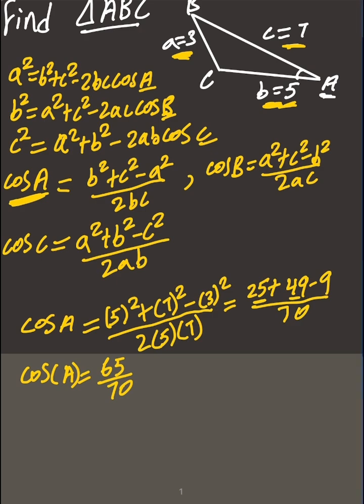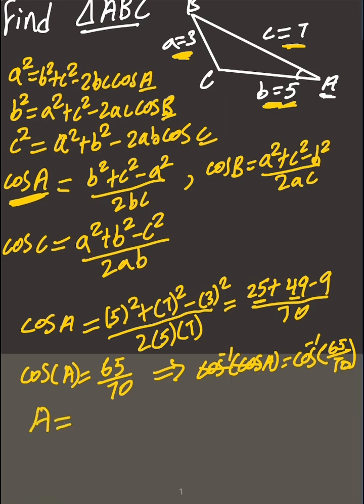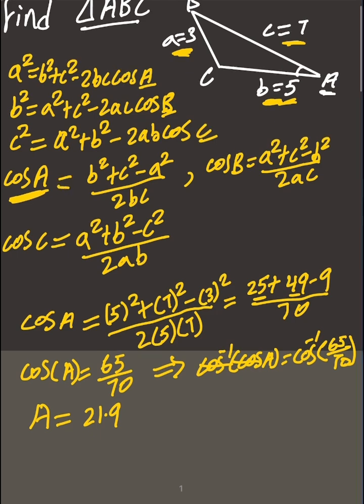So now we have to apply the inverse of cosine on both sides. So cos of A equals 65 over 70, and since it's inverse, we are left with just A, and A is going to be 21.9. I just rounded to one decimal place.